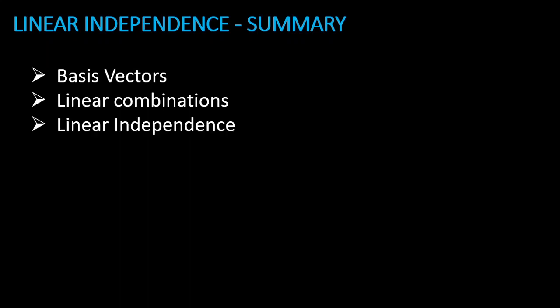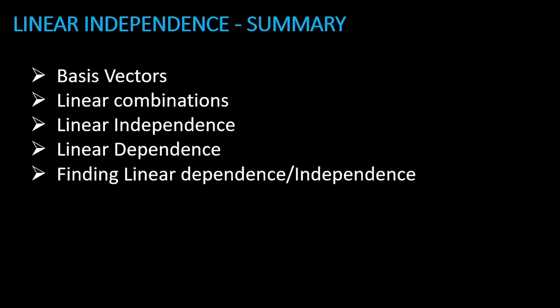Then linear independence: if there is any dependency between the vectors, we call them linearly dependent, and if there is no dependency between the vectors, we call them linearly independent. And we found how to determine the linear independence or dependence of vectors using the Gaussian elimination method. That's all about linear independence.